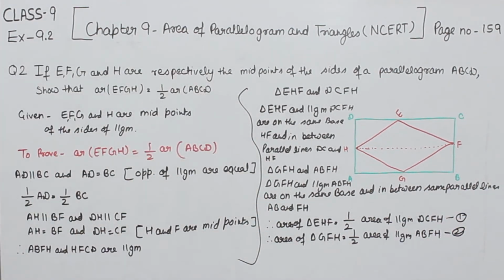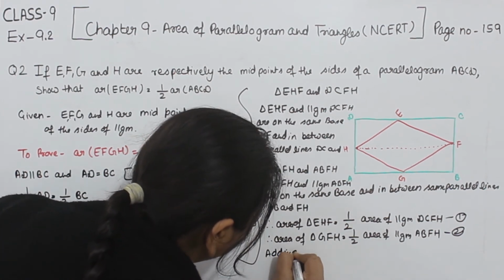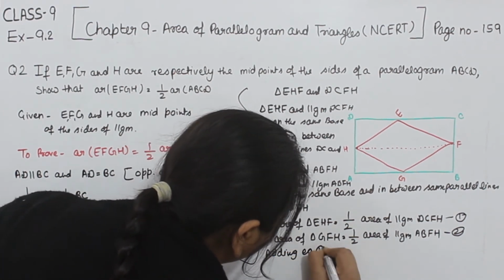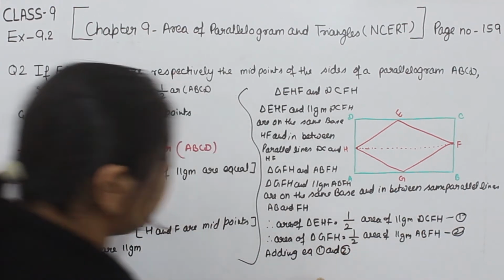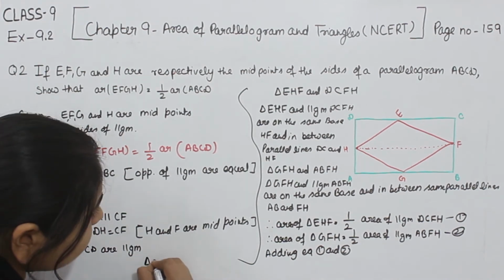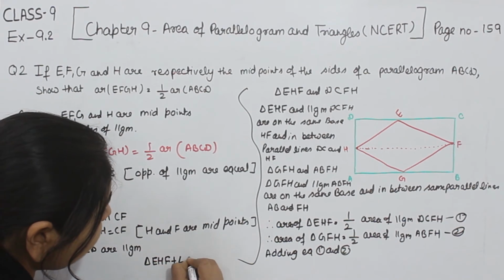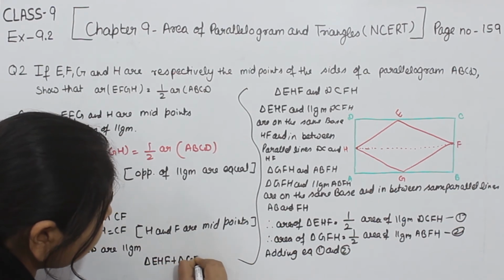So from equation number 1 and 2 we are going to add them. On the addition we are going to write here: triangle EHF plus triangle GFH.